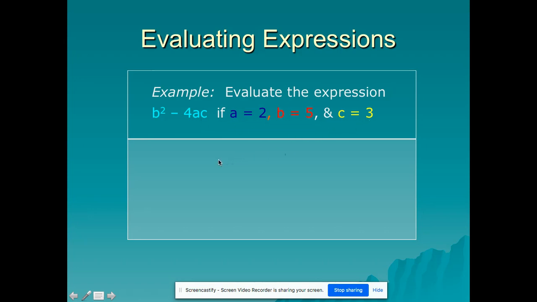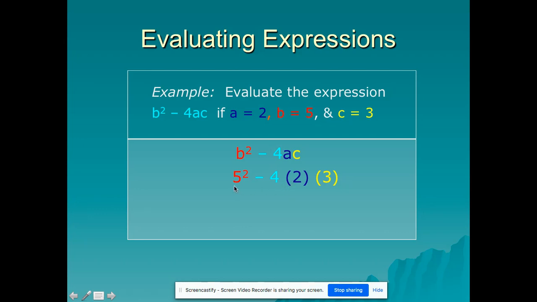So it would be b squared minus 4ac, which turns into 5 squared, because b equals 5, minus 4 times 2 times 3. And you put these numbers in parentheses. That shows that we are going to multiply them together.